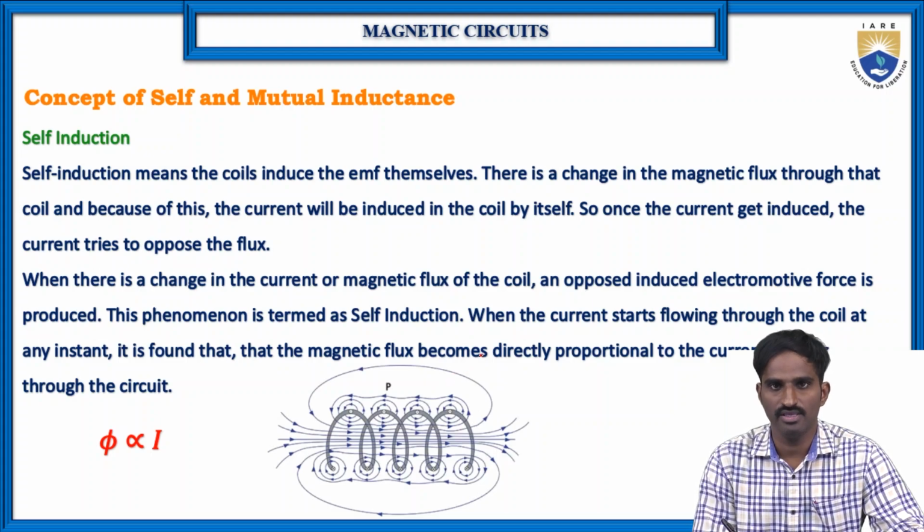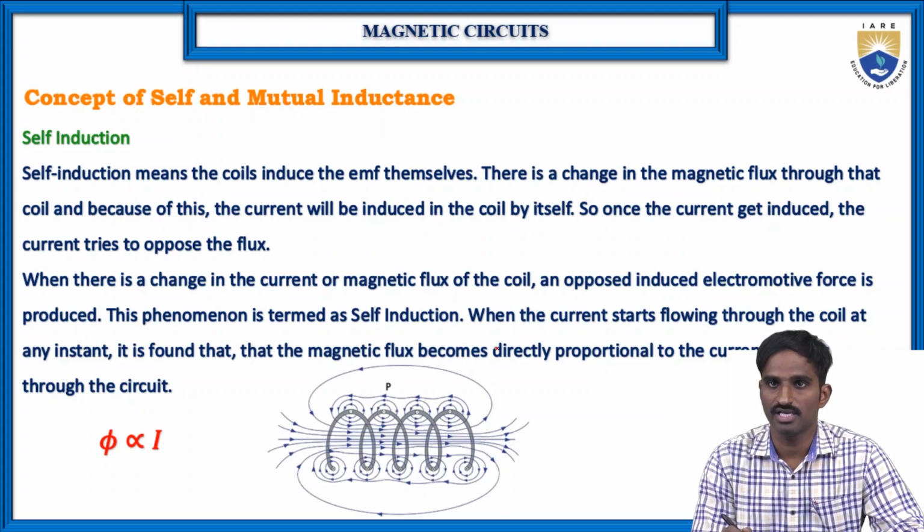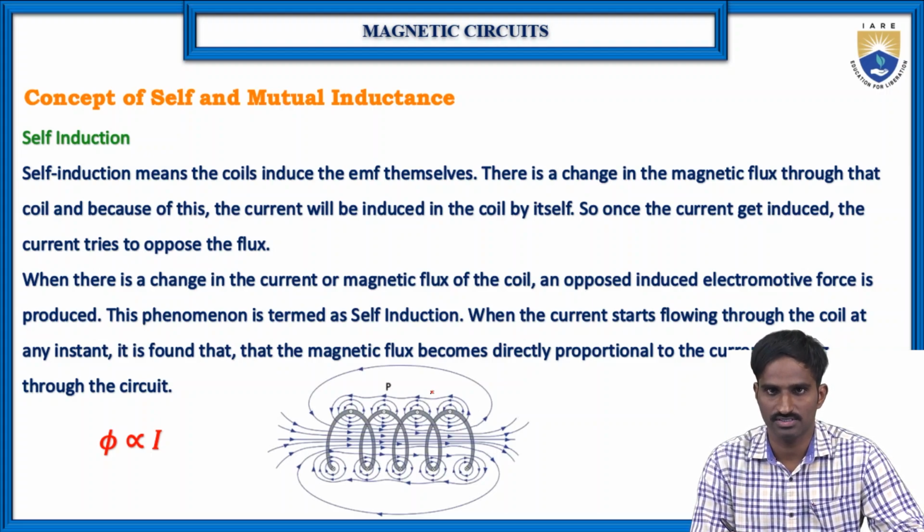That's why in the previous case we saw the equation for the EMF, the electromotive force, which is equal to minus L into di by dt. Here the minus sign represents that the current induced in the coil opposes the flow of flux.